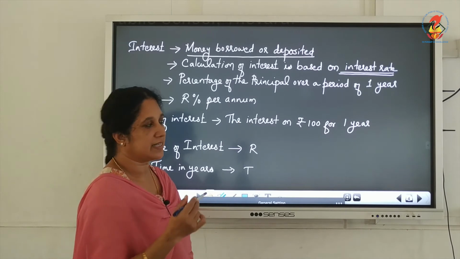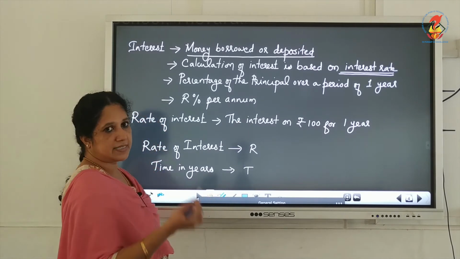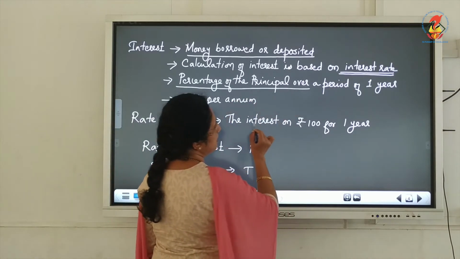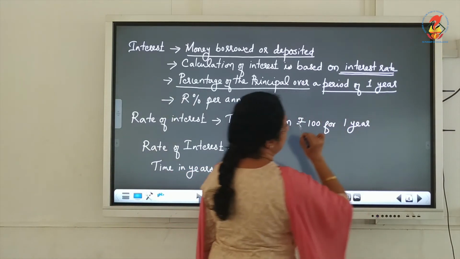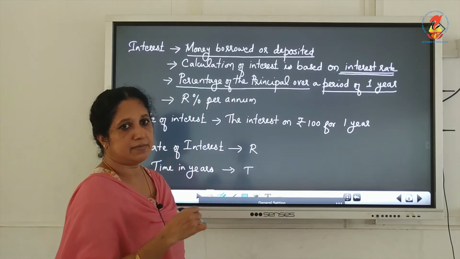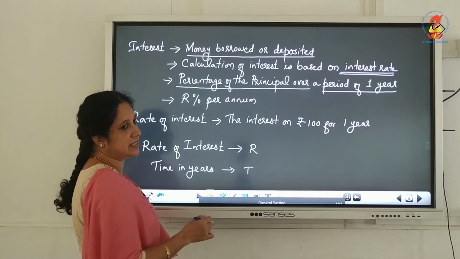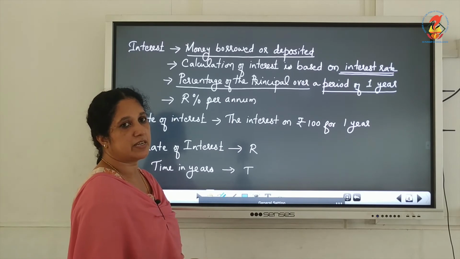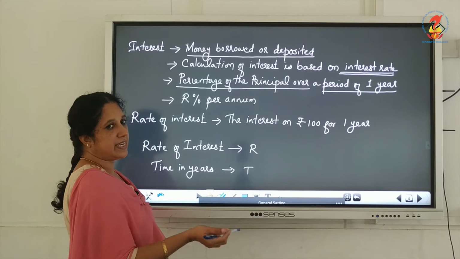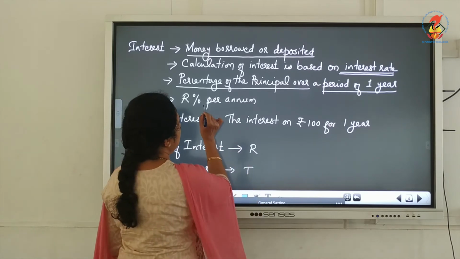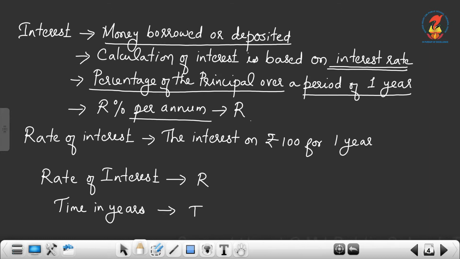This interest rate is usually expressed as a percentage of the principal over a period of 1 year, and we say R% per annum. Per annum means per year, that is R% per year.